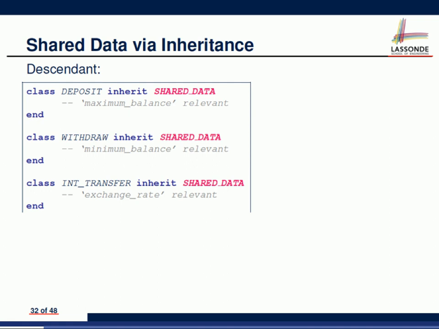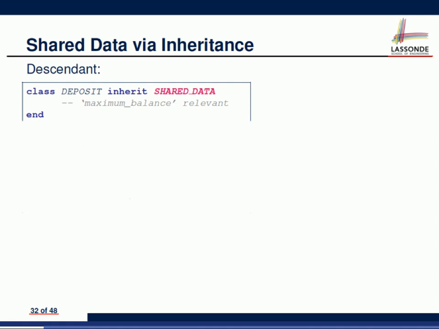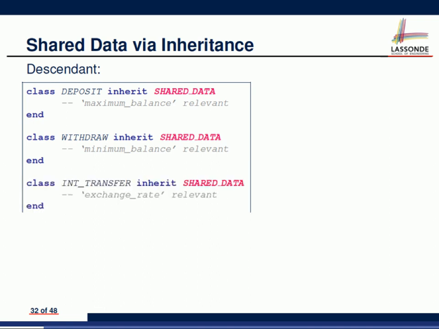Notice that for Deposit, you only worry about the maximum balance allowed for the bank. You don't really worry about the minimum, would you? Because you're adding money to your balance. On the other hand, for Withdraw, you only worry about the minimum balance allowed rather than the maximum, because you only subtract. For InternationalTransfer, you only worry about the exchange rate.